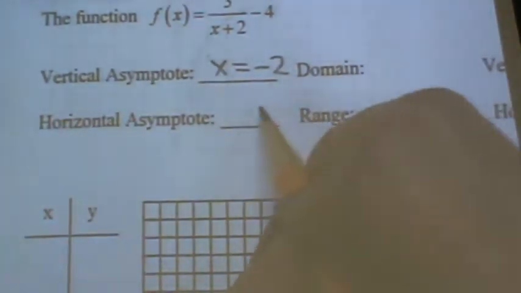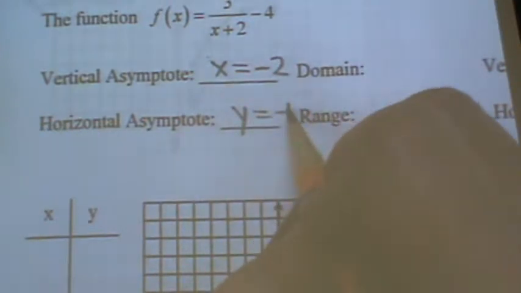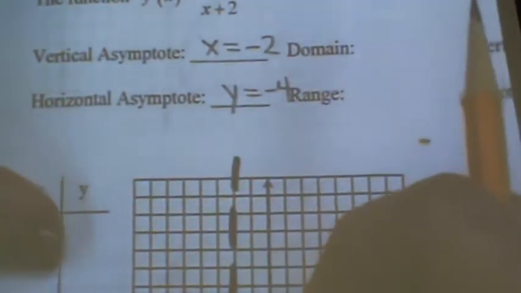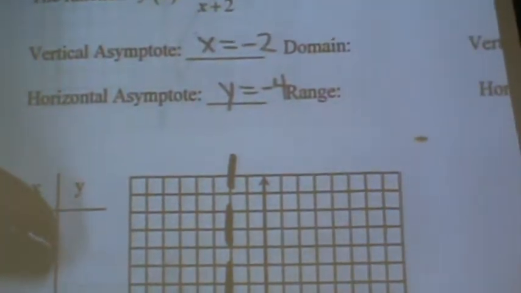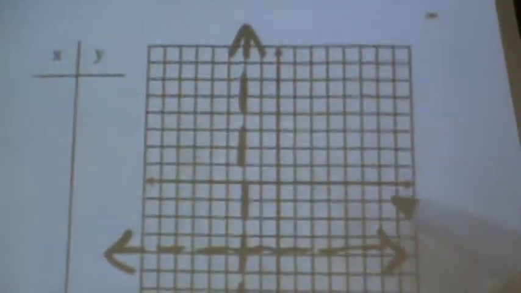What's your vertical asymptote? X equals -2, y equals -4. And your a value is 3, so you're gonna go over 1, up 3, over 3, up 1.